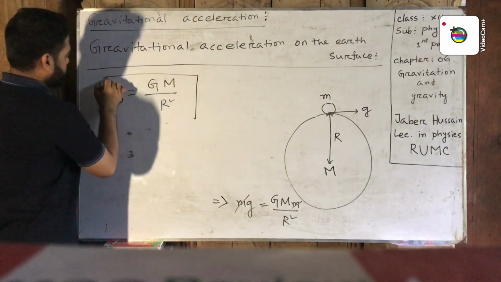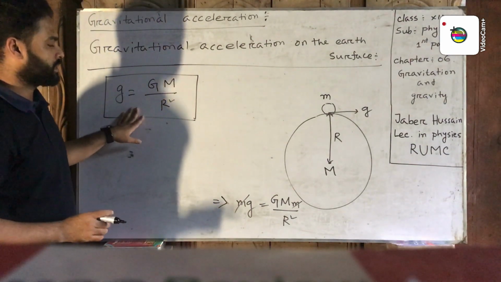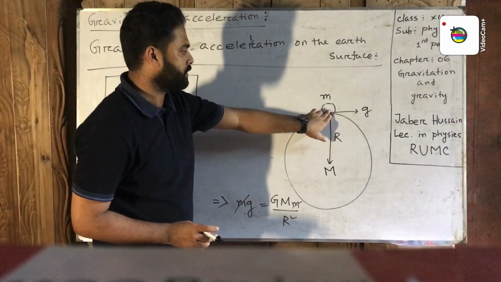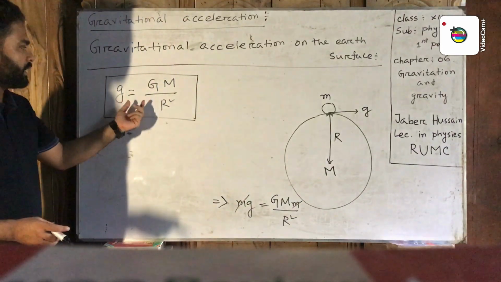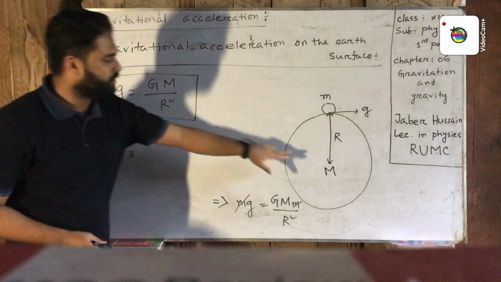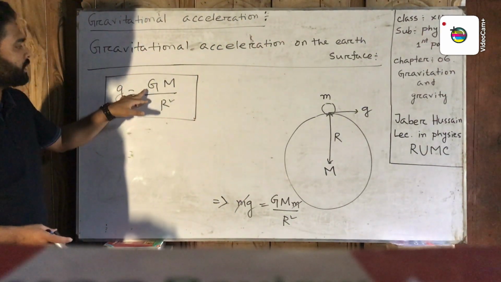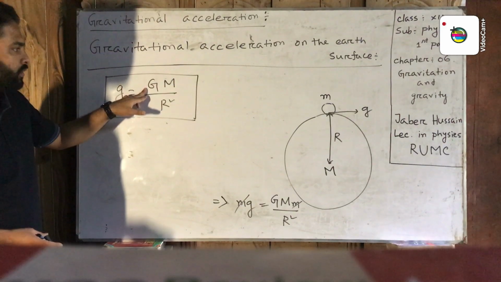This is the equation used to find the gravitational acceleration at the surface of the earth. In this equation, capital M is the mass of the earth, R is the radius of the earth, and capital G is the gravitational constant.